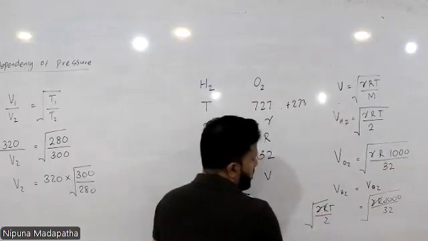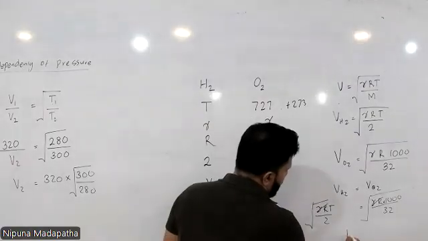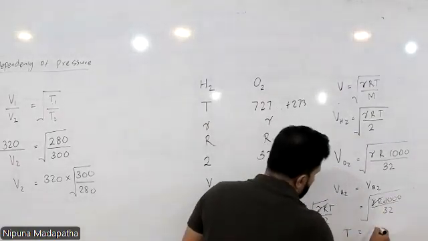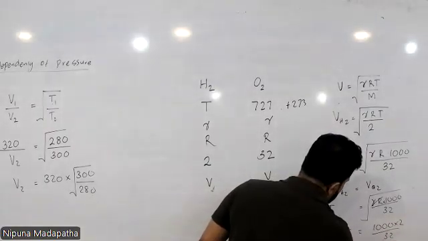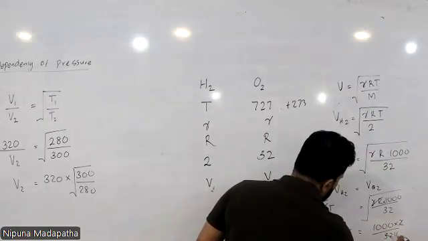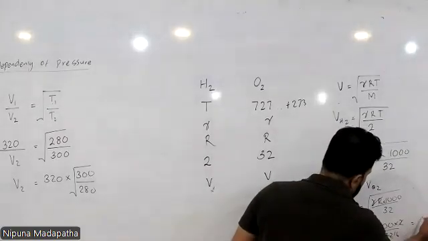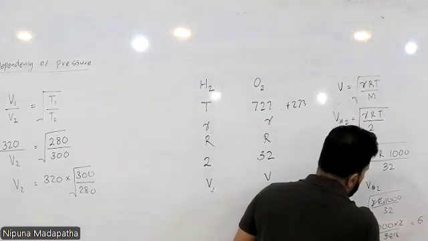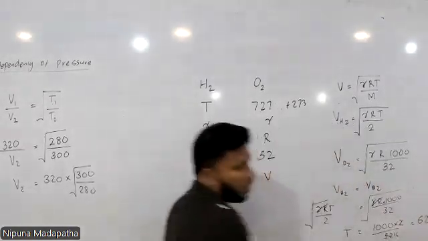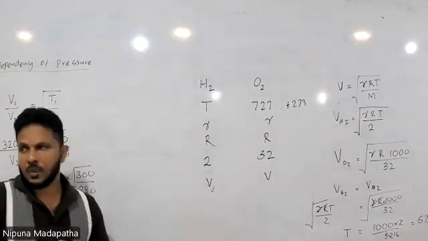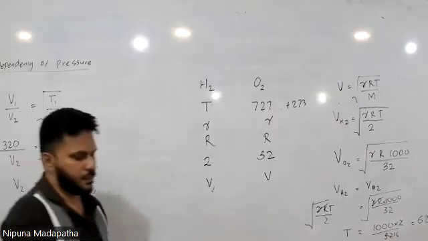Gamma R cancels, the square root goes away, so T equals 1000 times 2 divided by 32. 1000 divided by 16 is 62.5 kelvins.